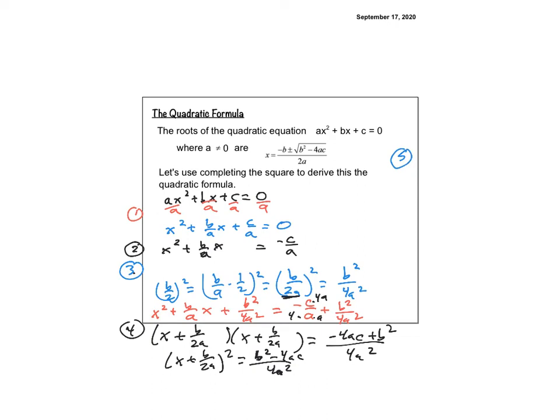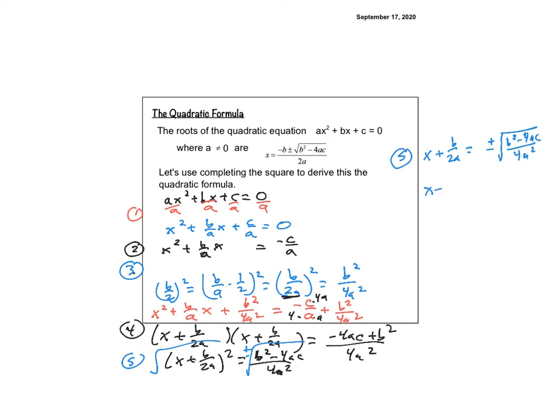So we're going to take the square root of the left-hand side and the right-hand side there. So then we get, on the left-hand side, x plus b over 2a equals plus or minus the square root of b squared minus 4ac all over 4a squared.